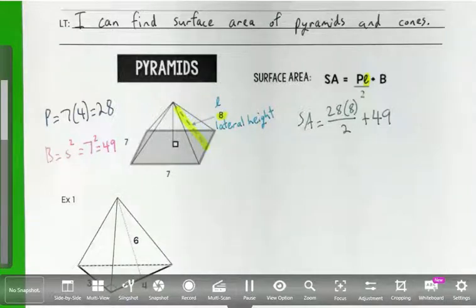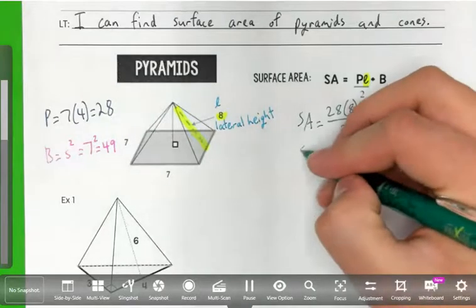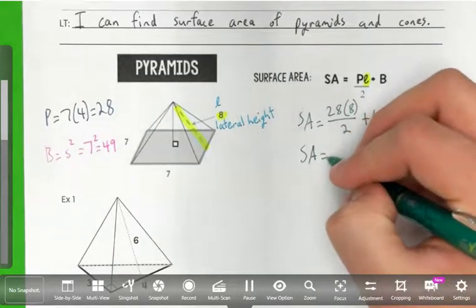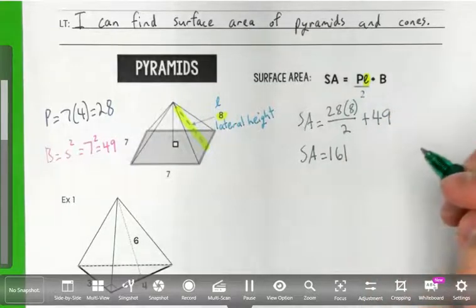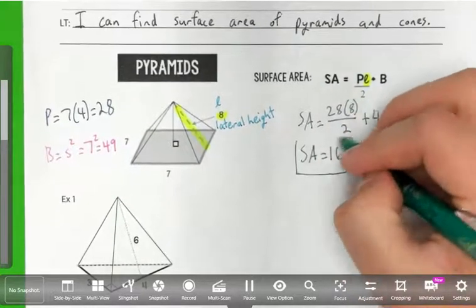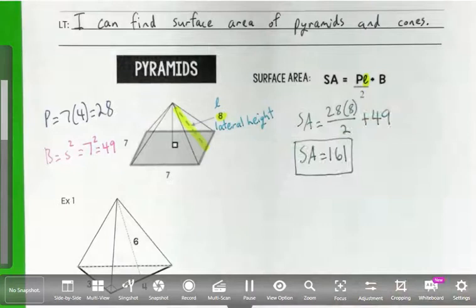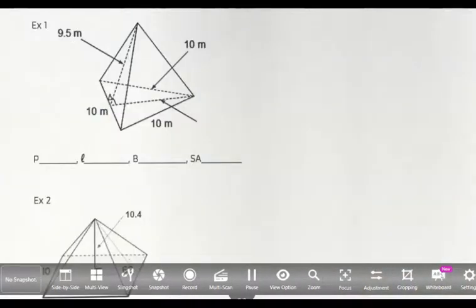I like to hit enter at that point and then just get that. That's 112, then plus 49 gets you 161 as your total surface area for this.